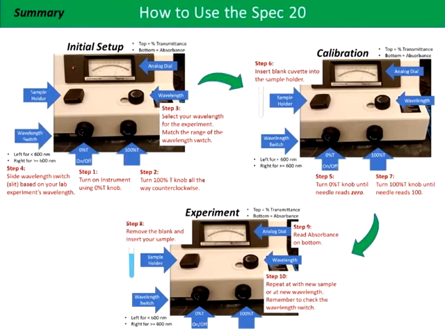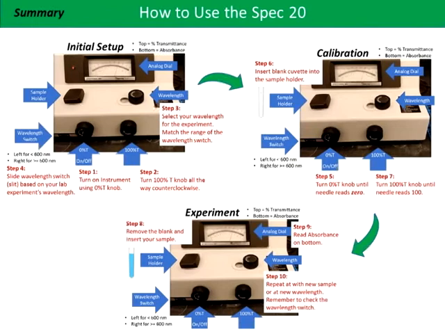But the first part is the initial setup, which involves turning on the instrument, setting the 100% knob all the way counterclockwise, then selecting the wavelength, step 3, and setting the wavelength switch or slit or filter to match the experimental wavelength.